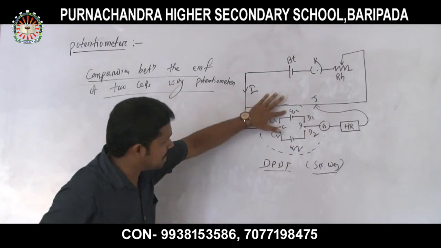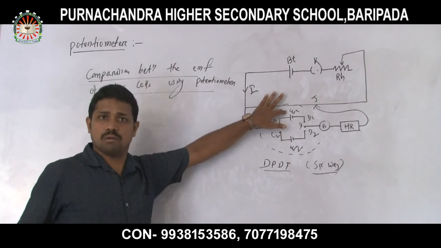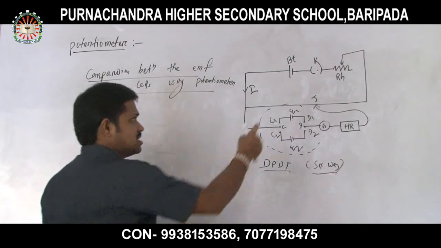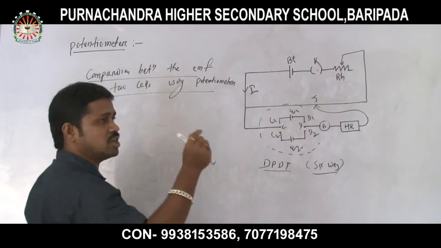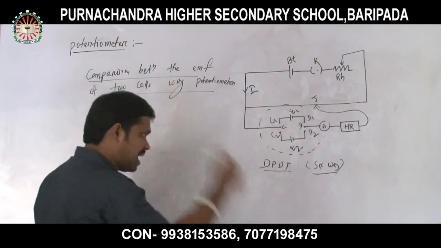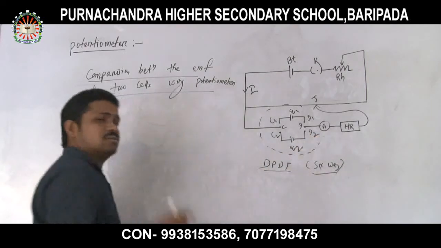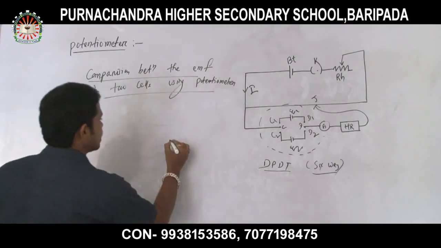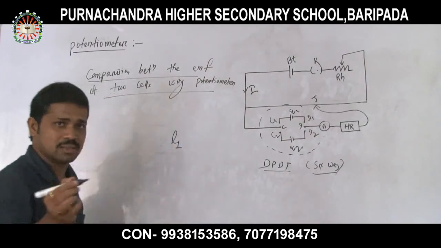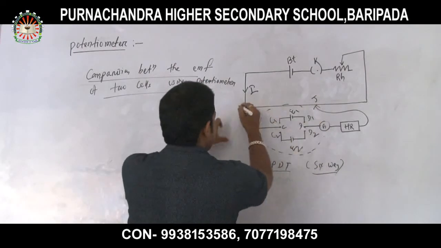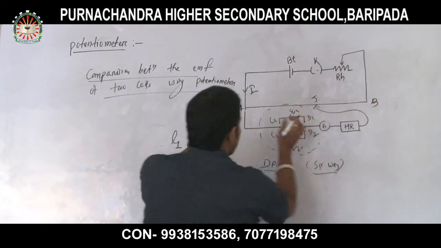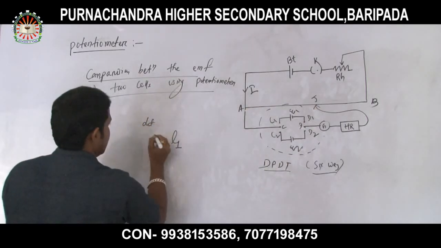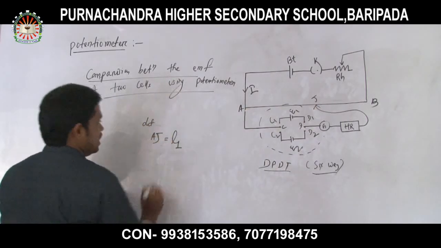Suppose the switch is connected to C1 and D1. Which will take part? E1 will take part. In this condition, let us adjust the jockey at such a point that the current in the galvanometer will be 0. Suppose that length I take as L1. Again I repeat, this is A, this is B, and AJ length is L1.